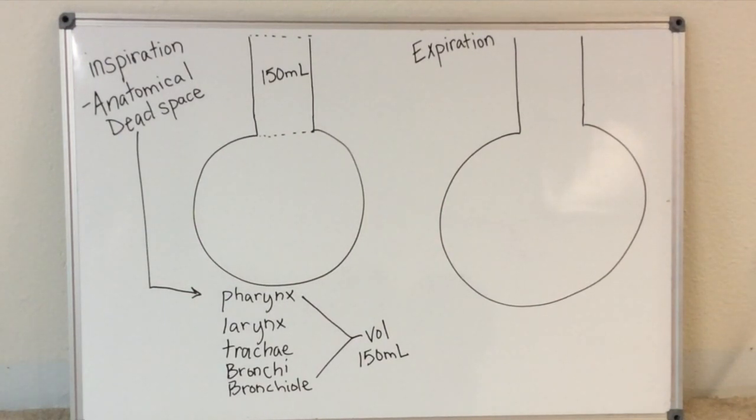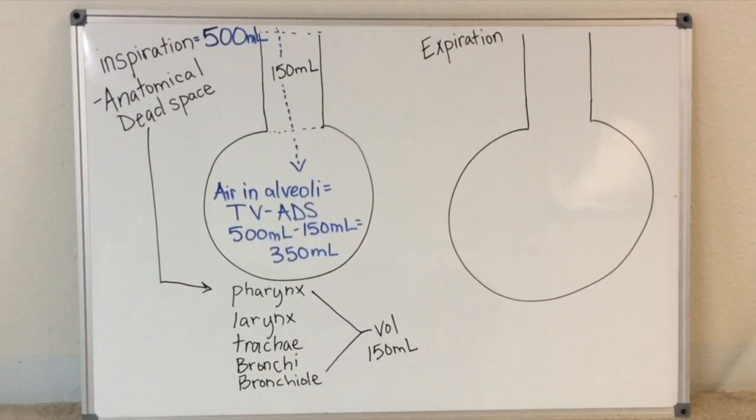This anatomical dead space directly affects the amount of air that can be exchanged. The average tidal volume of an adult is 500 milliliters of air. As this 500 milliliters of air is brought into the lungs during inspiration, we must take into account the amount of anatomical dead space.